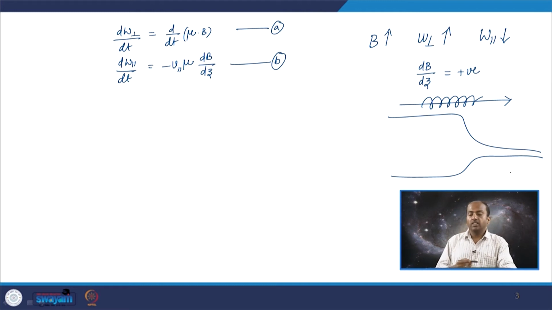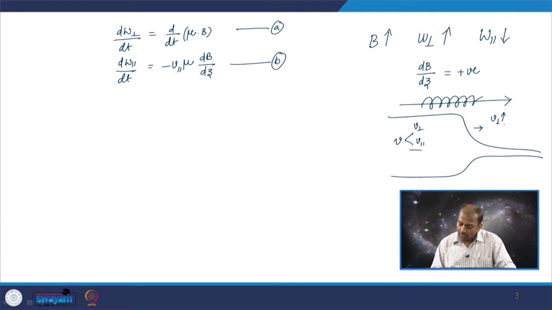So, this increase in the kinetic energy in the perpendicular direction should always be compensated with a decrease in the parallel kinetic energy. Let us say the particle has started from here, and the particle's velocity is v, which can be in any direction. So, this has v perpendicular and v parallel. As it goes to this point, v parallel, which was large, decreases in order to compensate the increase in the magnetic field.